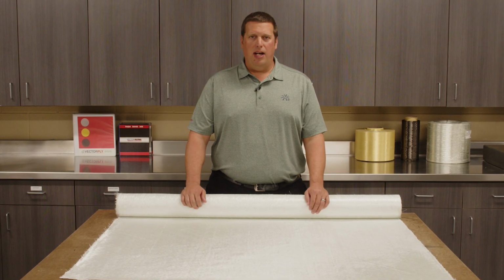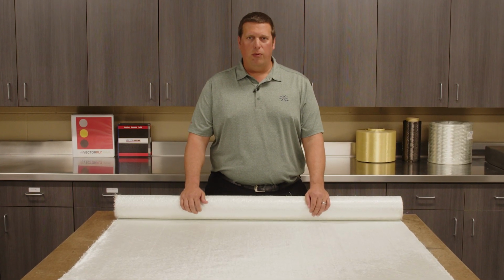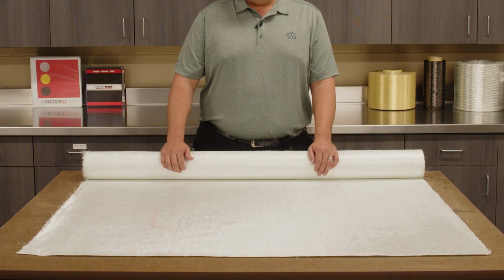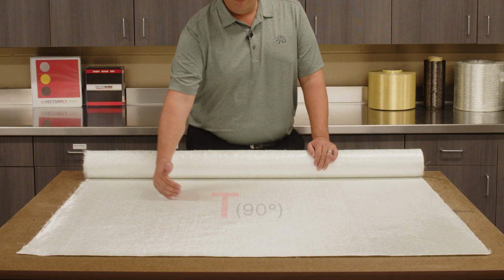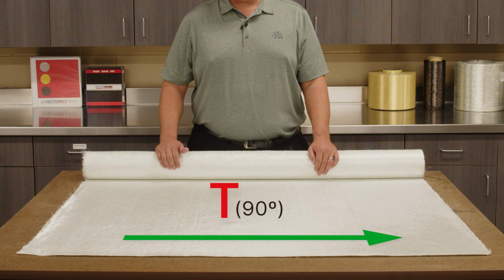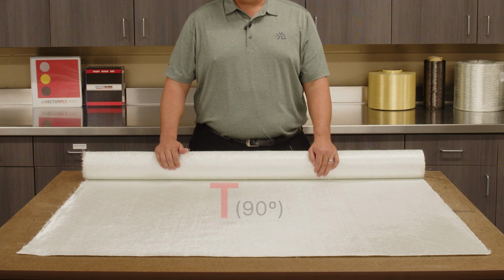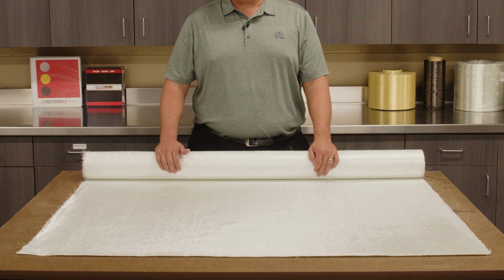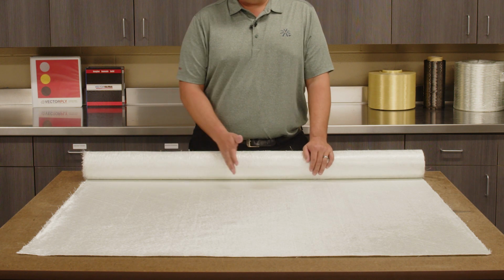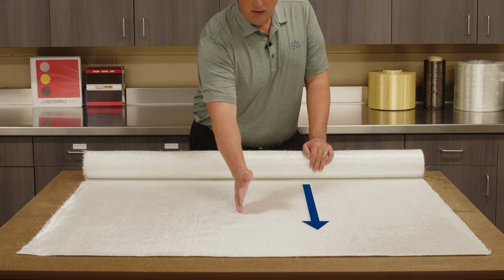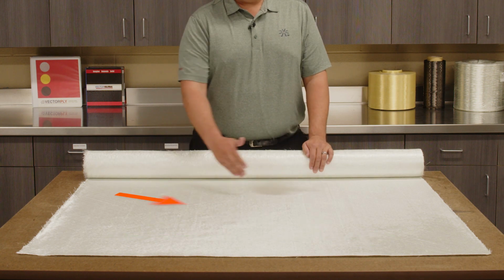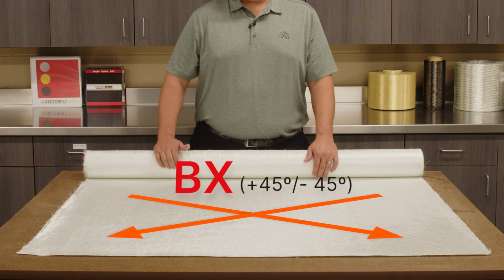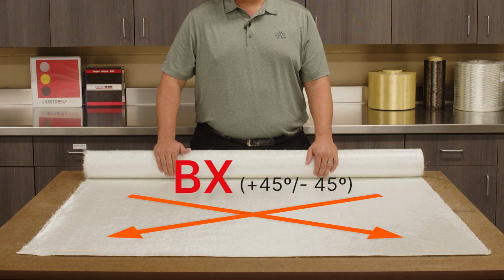Unidirectional materials have structural fibers oriented in one single direction. L for longitudinal or roll direction fibers, or T for transverse or 90-degree structural fibers. Next is bidirectional materials, which have fibers either running in longitudinal 0, transverse 90 for LT, or plus and minus 45 for BX materials.